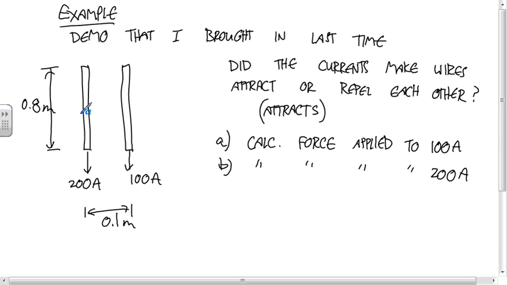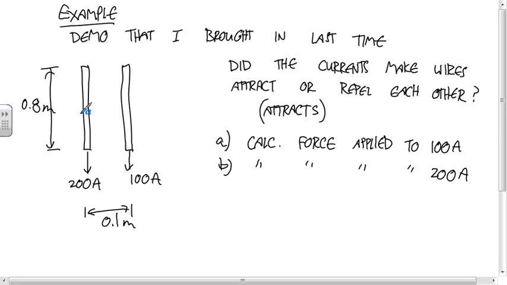This one is going to apply a force pulling towards that. This one's going to apply an equal and opposite force pulling that way. One's applying a force to the other, and the other is applying a force to it. So Newton's third law says they have to be equal and opposite. No, it's going to be the same force, and you'll see why as we go.